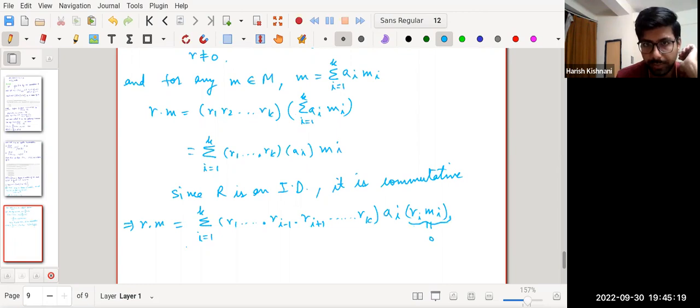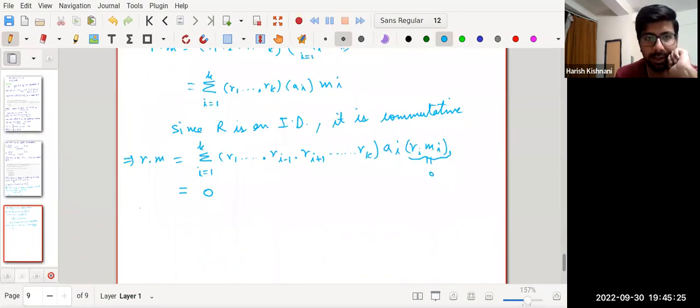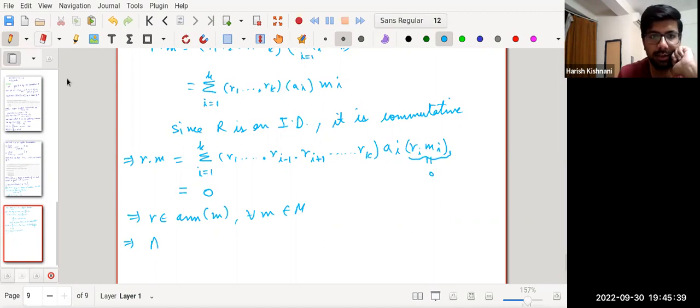And that will imply that this r·m is 0, and as m was an arbitrary element of M, this will imply that r belongs to the annihilator of m for all m belonging to M, and thus this r is inside the intersection of all annihilators.